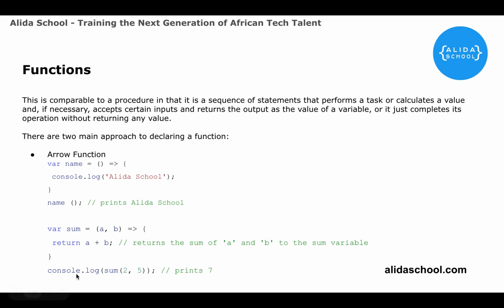To achieve that, we are going to console.log sum, passing in the two arguments we stipulated earlier, which is 2 and 5, 2 being the value of A and 5 being the value of B. So once it's done calculating, it's going to return 7 to the sum, thereby allowing us to console.log the sum which holds the value 7.